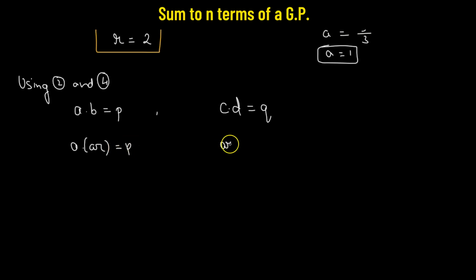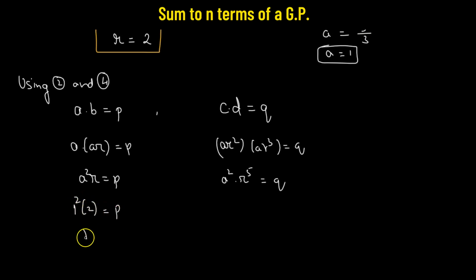And c is ar squared multiplied by ar cubed, which equals q. So we have a squared times r equals p, and a squared times r raised to the power of 5 equals q. Substituting these values, we have 1 squared multiplied by 2 equals p. So p comes out to be 2. And then 1 squared times 2 raised to the power of 5 equals q. So q comes out to be 32.